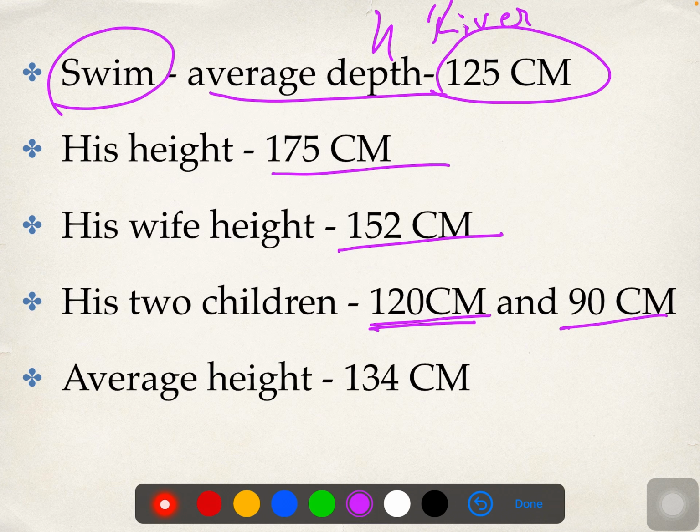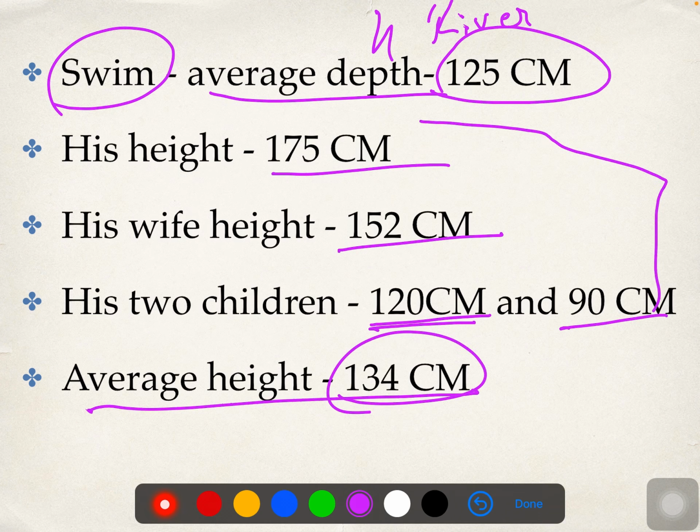He calculated the average height of his family by adding all 4 heights. The average height of his family is 134 centimeters, and the depth of the river is 125. So 134 is greater than 125.